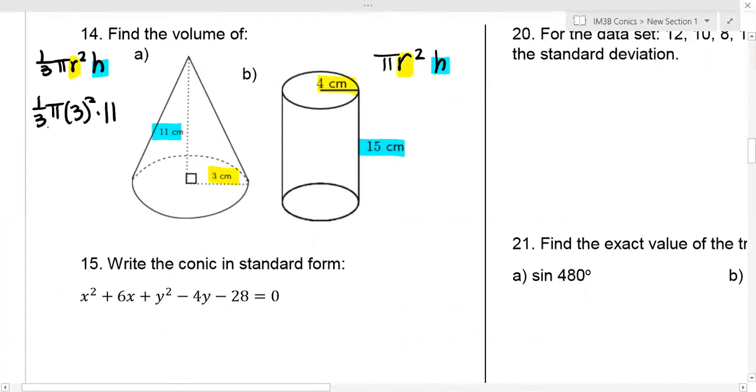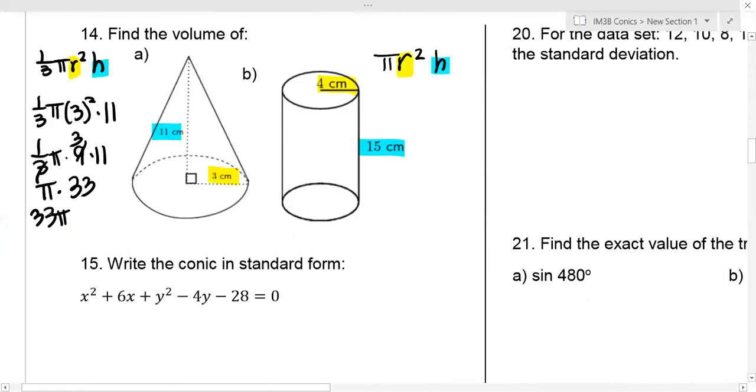You can just plug that in, or you can simplify so you have less to plug in. So 1/3 pi times 9 times 11. I can simplify the 3 with the 9, and 9 divided by 3 gives me 3. And so I can think about this as pi times 33, or 33 pi.